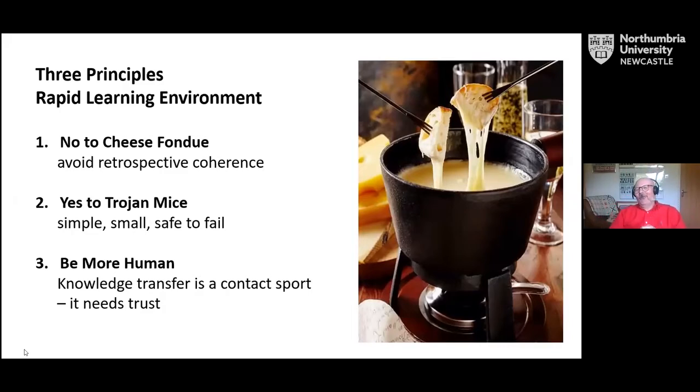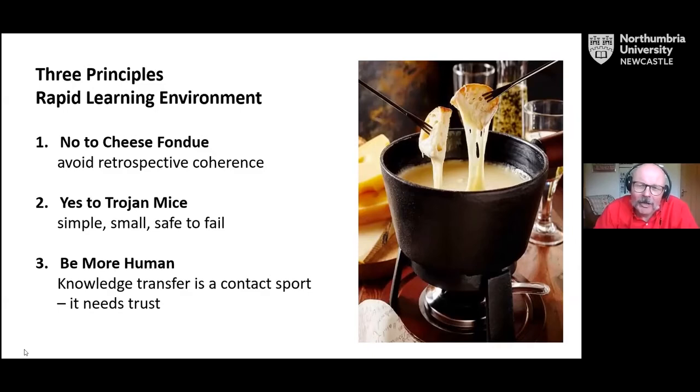No to cheese fondue, and there's a lovely picture of fondue there. This is basically another way of saying avoid retrospective coherence. And the fondue bit, there's a lovely paper that was written by some people in Swansea University, the medical school, which took the James Reason Swiss cheese model of failure, with nice sequential slices of cheese, where failure happens all the way through, an interesting model of failure.